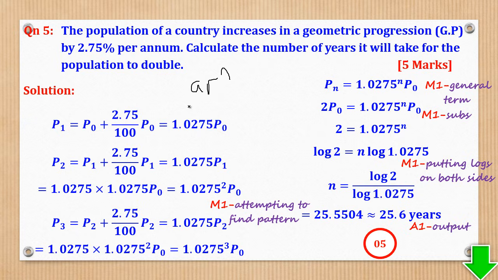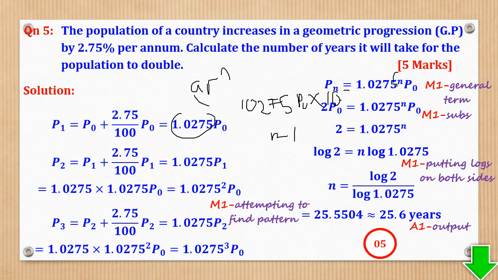So you are going to say the first term is this, so it will be 1.0275 P naught times the common ratio, which is this, to power what? To power n minus 1.